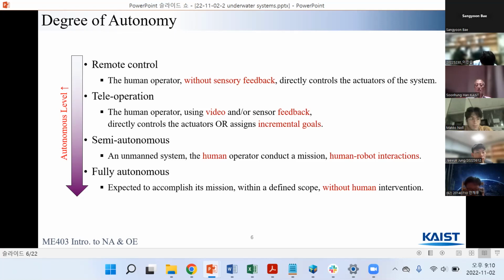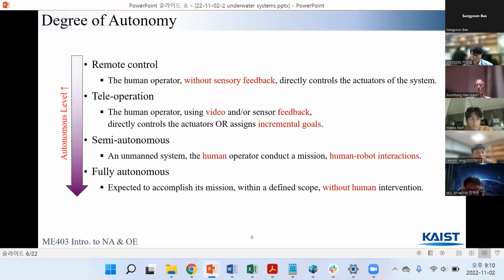And semi-autonomous means an unmanned system, basically, and a human operator intermittently, not frequently, but sometimes they control. So they assign a mission to the system. So we call this a human-robot interaction system.